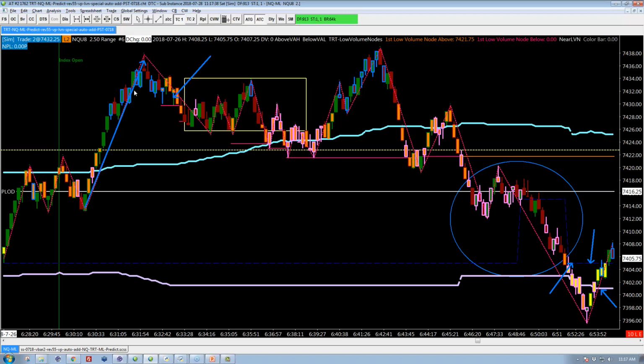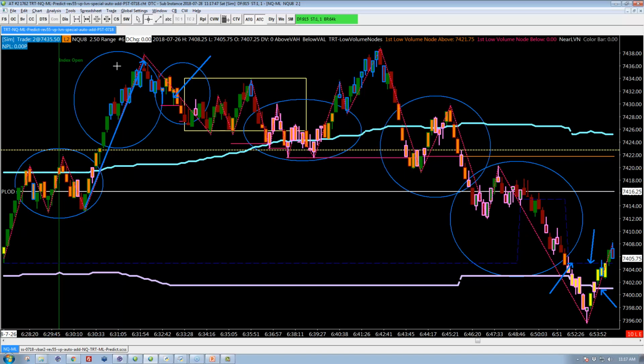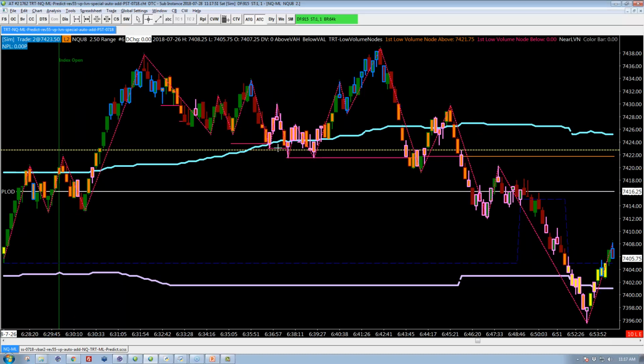I'm not going to take a trade here. I'm only going to do it at these orange bars. So from a machine learning perspective, the places where I'm not going to do anything, that's noise. This is noise in the system, and so it makes sense to take that out and then model without it.